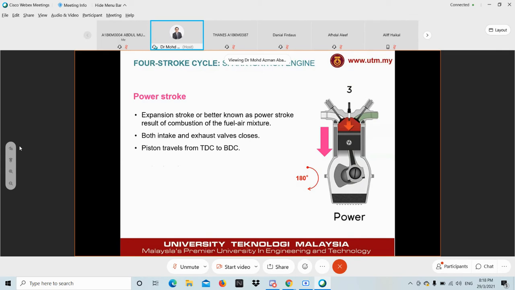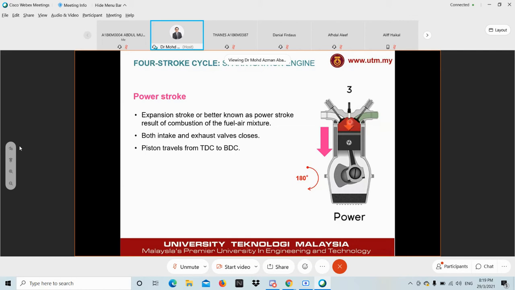And then followed by that, you have the power stroke, or expansion stroke. This is basically when the combustion happens, an explosion.